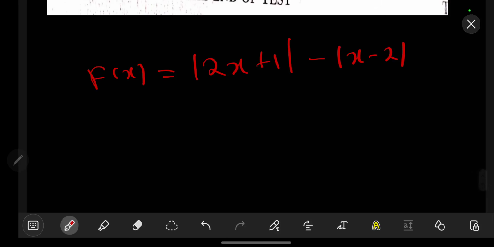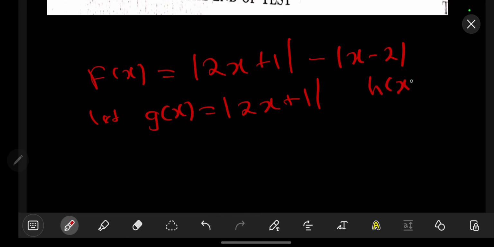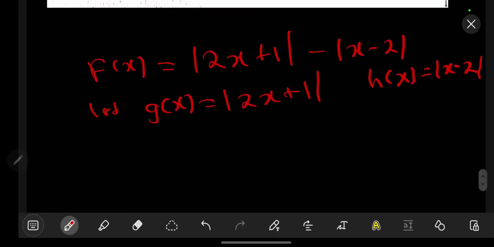So what we are going to do is say, let the first one be g of x equal to the absolute value of 2x plus 1. Then the next one shall be h of x, which should be equal to the absolute value of x minus 2. So these are the two equations that we have.